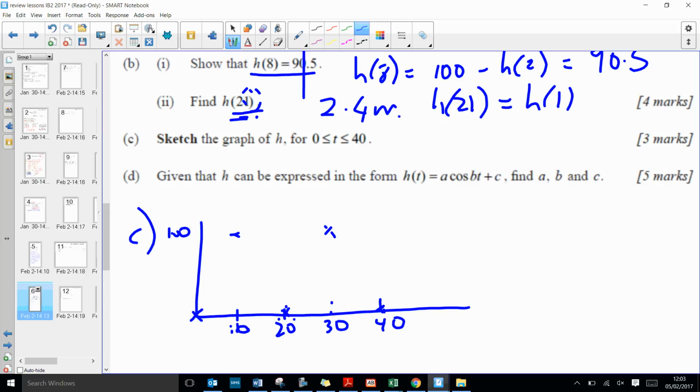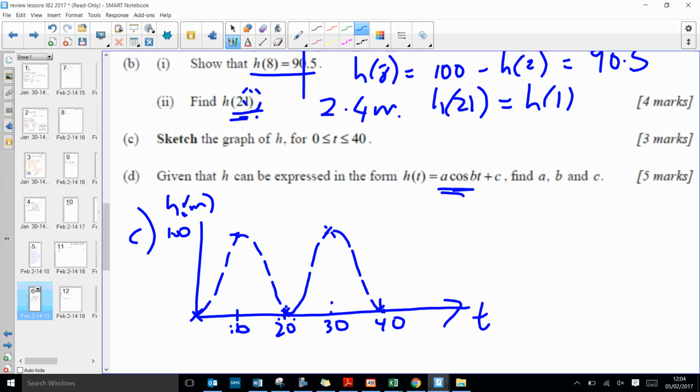Okay, so that's time on the bottom and height in meters. Hopefully you can see it's a sine or cos graph. Now they've indicated that it's a cos graph.